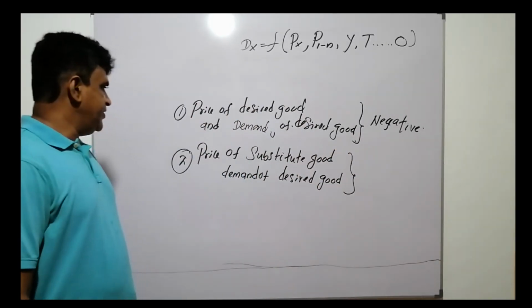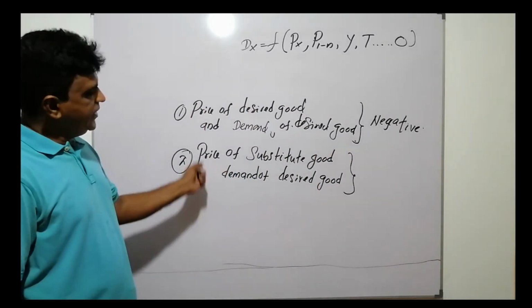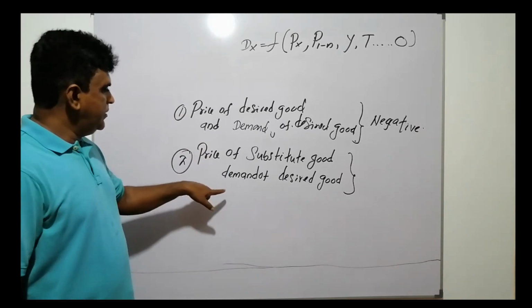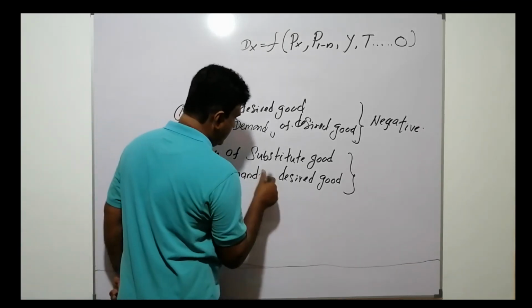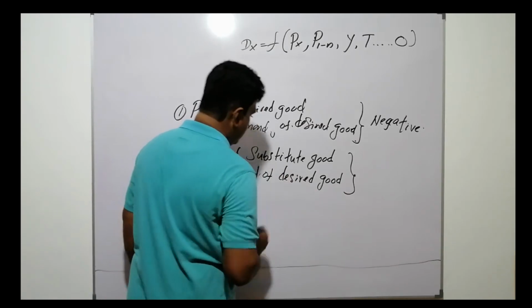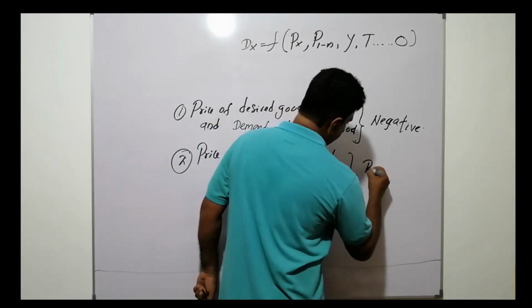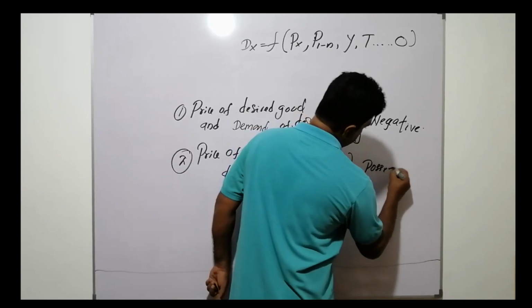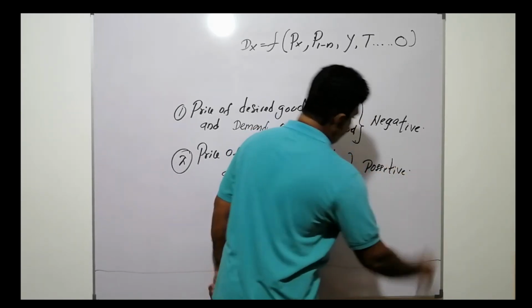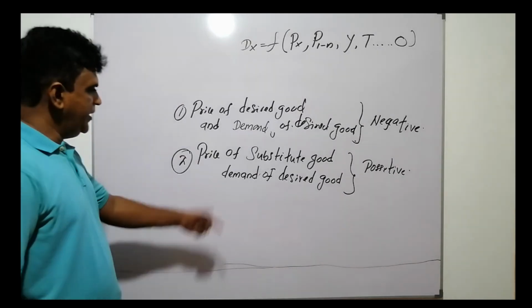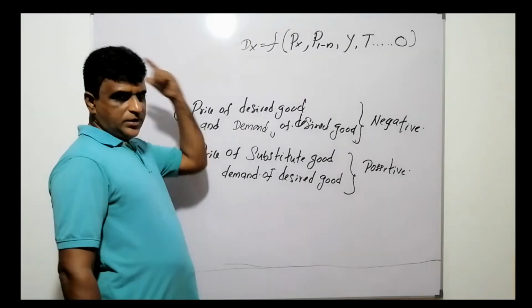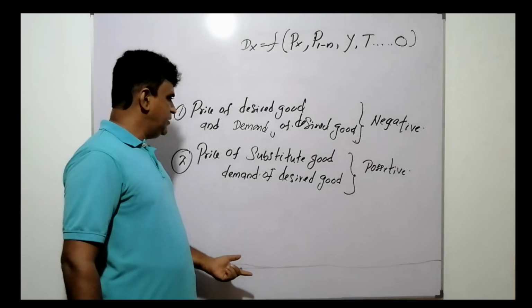The second combination, substitute goods and demand of the desired good. The relationship is positive. Why? The price goes up and demand goes up.